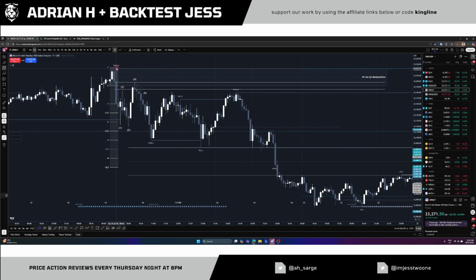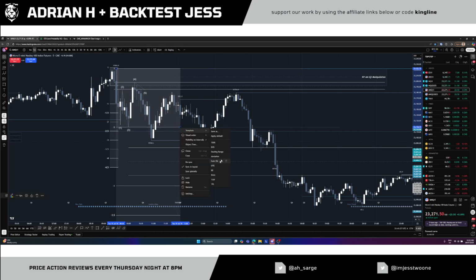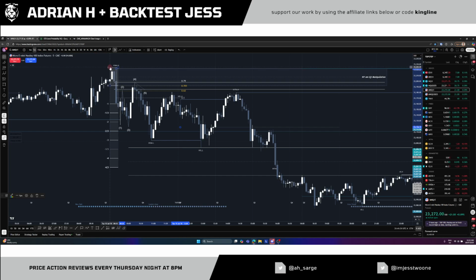OTE we do as well, so from the high here. Let's get that lining up properly. And then we're looking for TPs 1.5, 2.5, 3.5, and 4.5. So shorts off the zone.